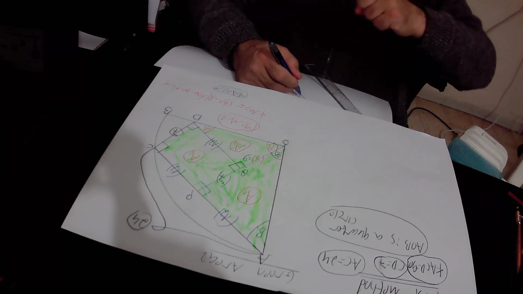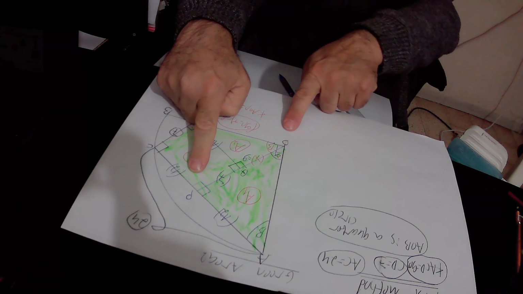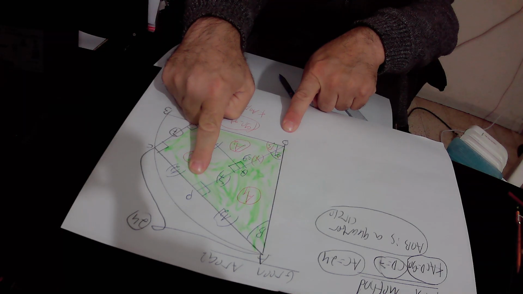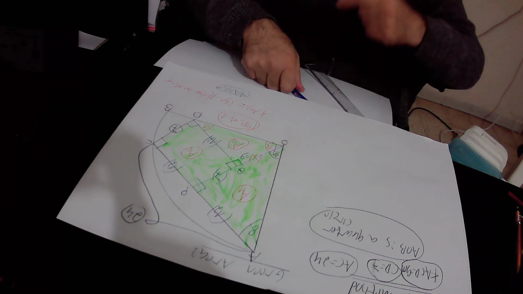AP equals 12 units. PO equals x plus 7. X is 9, so in total PO equals 9 plus 7, that is 16.